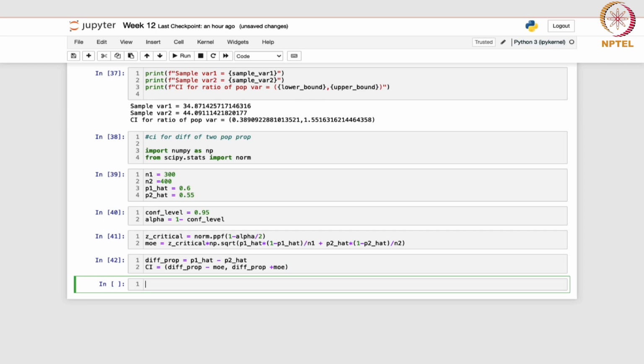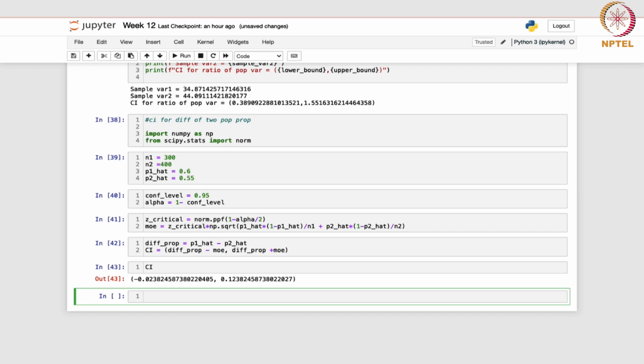So let us see p1 hat and p2 hat, which we already have, 0.6 and 0.55, and then we write the confidence interval. It is from minus 0.02 to 0.12.